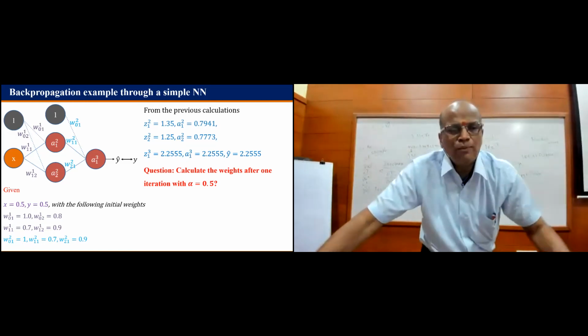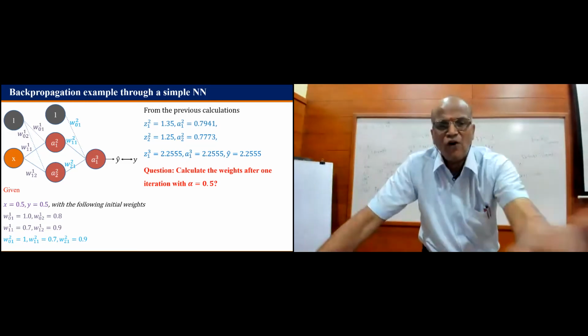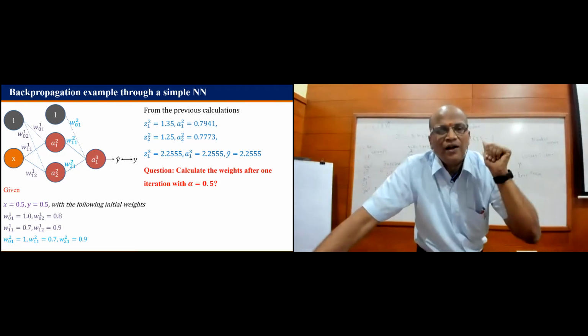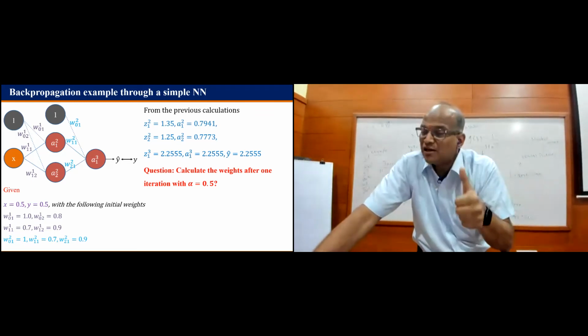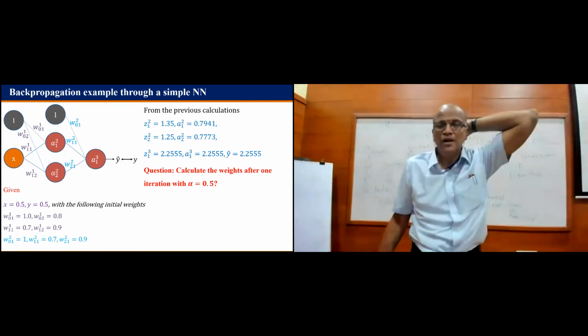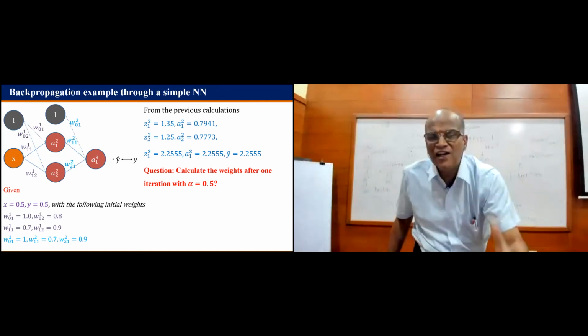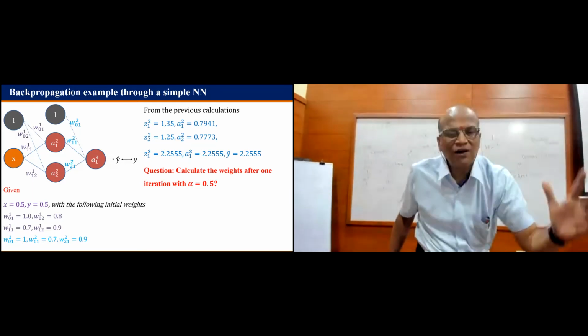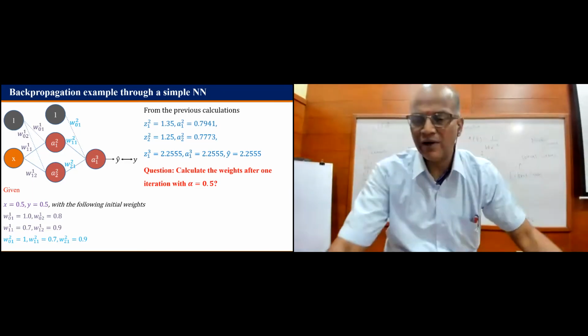Now let's say X equal to 0.5, Y equal to 0.5 with the following initial weights. Please remember this is the question where we asked how many weights there are. There are 7 weights in the problem; the output layer weights are given in blue color and all the other weights in black.